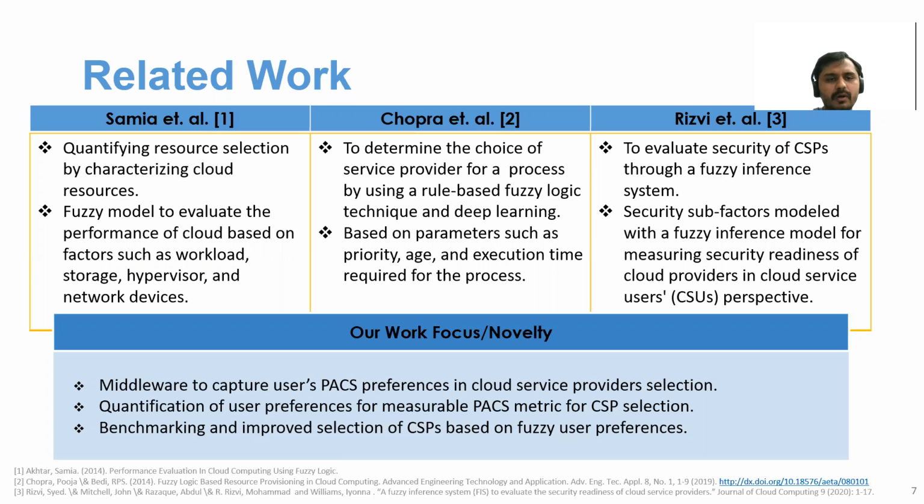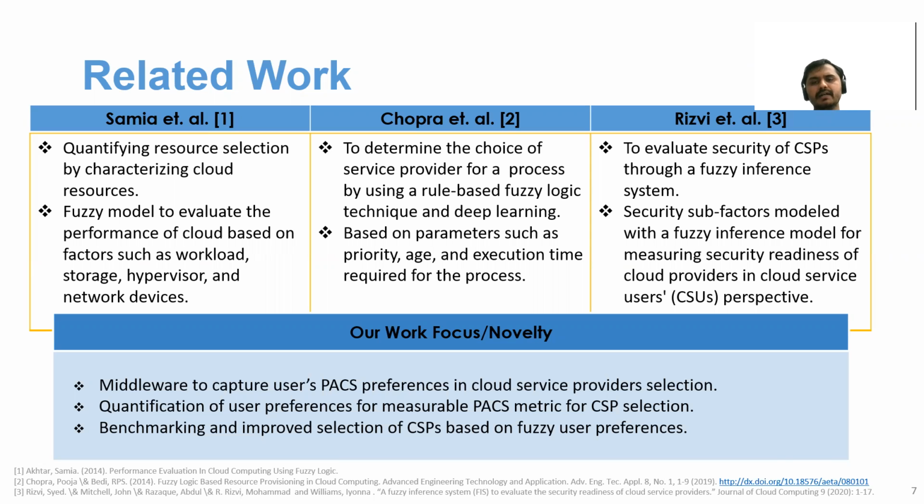And they've used a fuzzy model for the evaluation of performance based on certain metrics of workload, hypervisors, and network devices. The other researcher, Chopra, has also been working on fuzzy logic techniques, and they have been using deep learning to create rules for these fuzzy inference engines, and their main metric or parameters were priority, age, or execution time of the process which has to be executed.